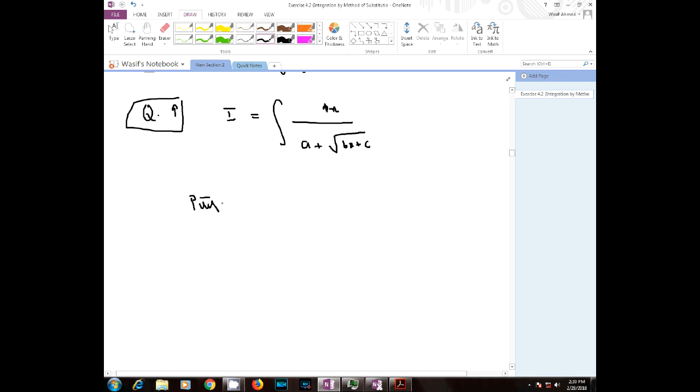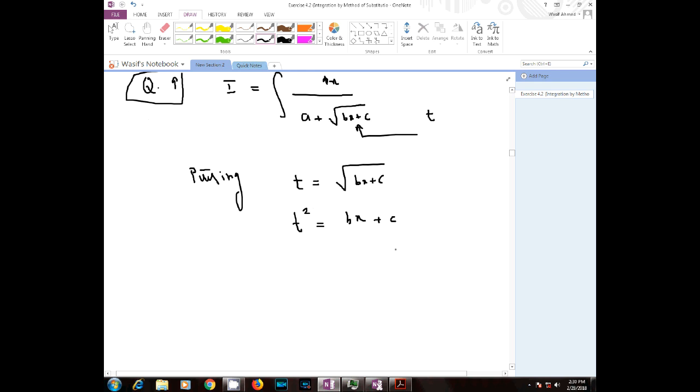Here we will substitute. We will put this thing equal to some other variable t. That is, we will put t is equal to square root bx plus c, square it, you would get t square is equal to bx plus c.